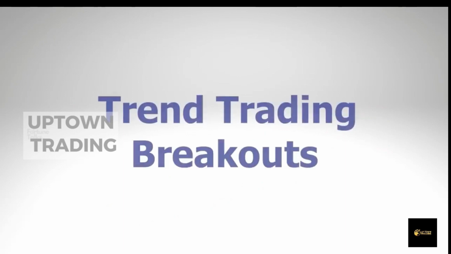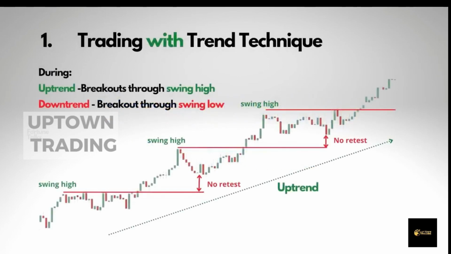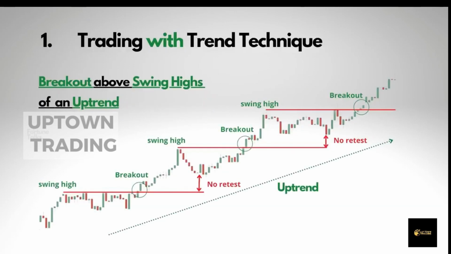This type of breakout trading strategy is called the trend trading breakout strategy. Here you can either trade the break of the swing high or swing low depending on the type of the trend the market is in. Let's see how this works with an example. Let's say the market is in a strong uptrend and the market respects the 20-period moving average. The idea of this trade is to buy the breakouts above the swing high.